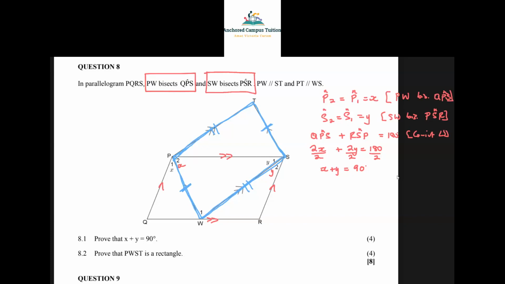I'm going to go for W1. I want to prove W1 is 90 degrees. In triangle PWS, W1 is equal to 180 degrees minus (x plus y), interior angles of a triangle.